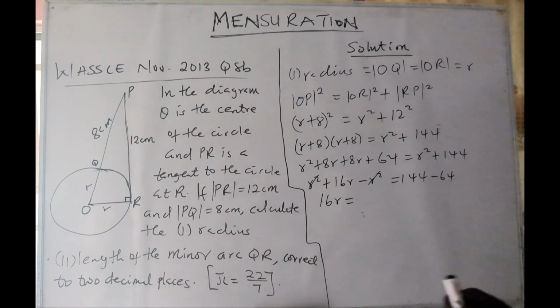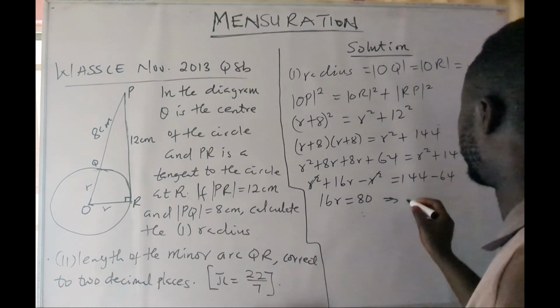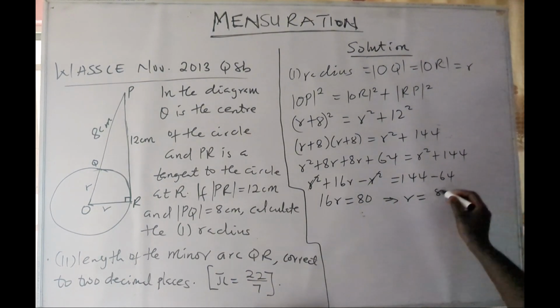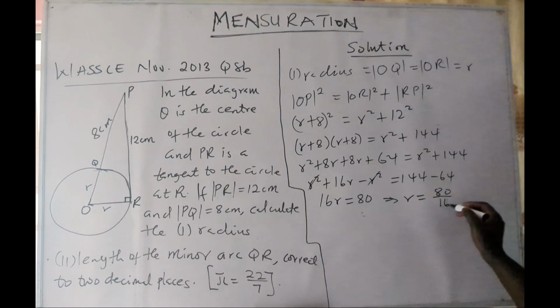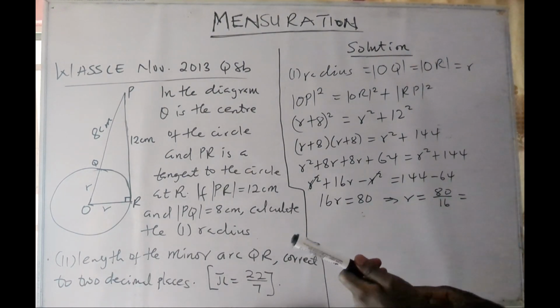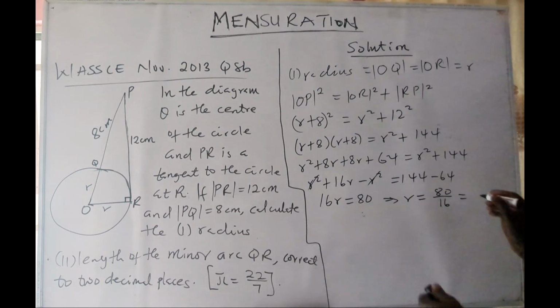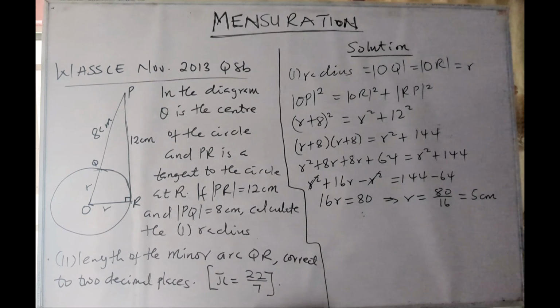What is 144 minus 64? 80. So r is going to be 80 over 16. What is 80 divided by 16? That is 5. So the radius is 5 centimeters.